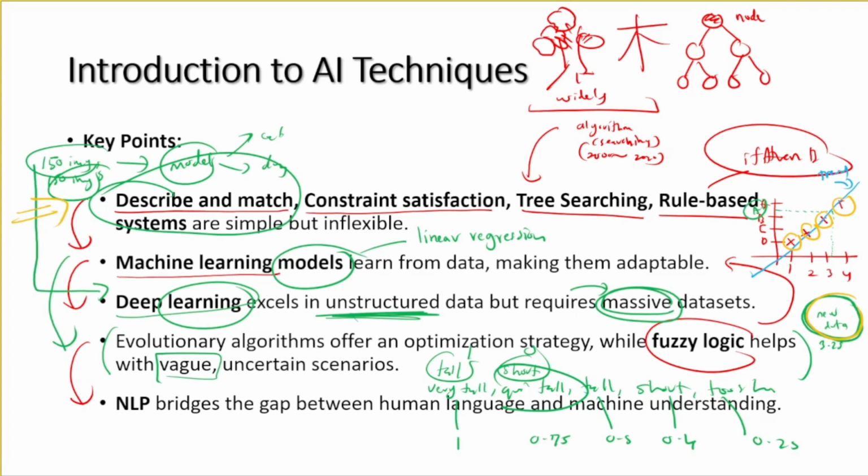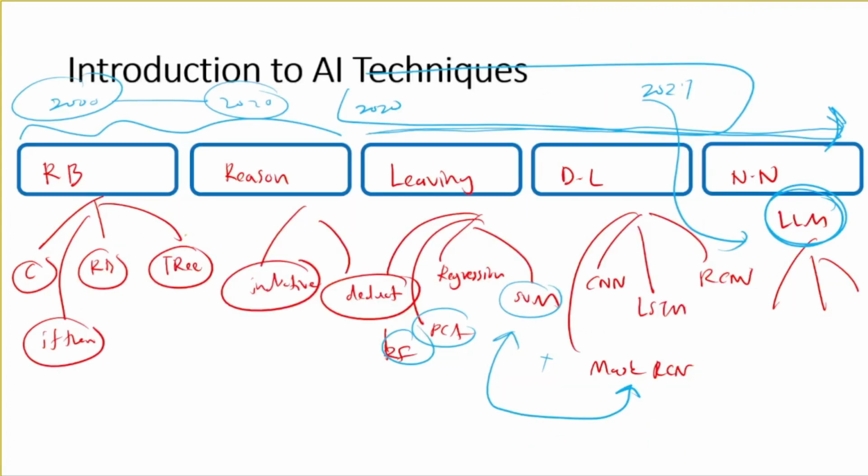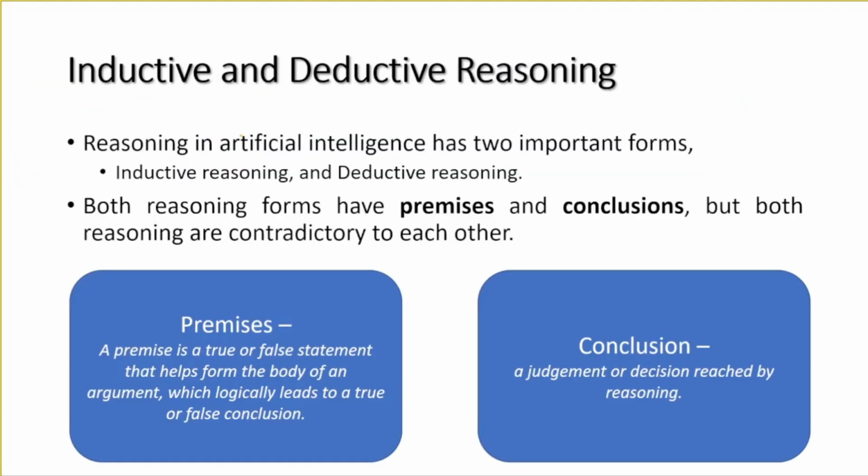And now we want to go to this one, reasoning. Okay, 21. So reasoning means the idea of stating something or giving a conclusion based on the previously given data.